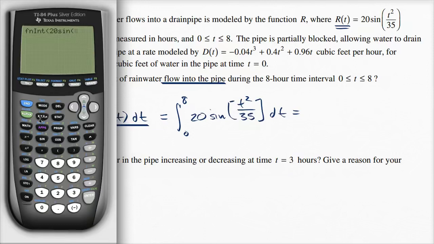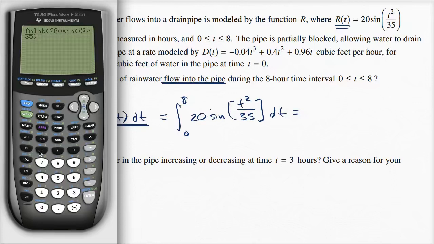So you're going to get x squared divided by 35, close that parentheses. That is my function there. I don't know if it's going to understand, so let me put the times, just to make sure it understands that. Okay, that's my function.